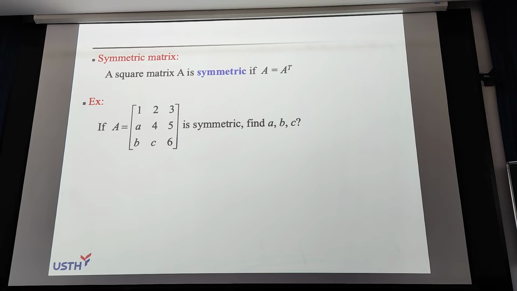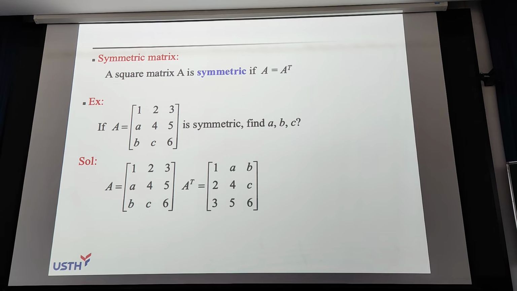And here is an example. Suppose that A is given by that, and here we have numbers and here we have the letters, the parameters a, b, and c. Suppose that A is symmetric, and you are required to find a, b, and c. In order to do that, first you write A^T like that one.